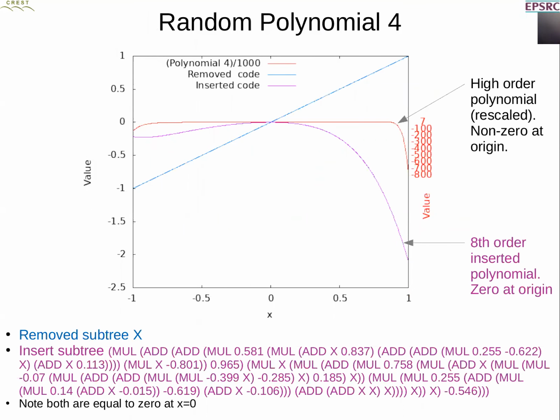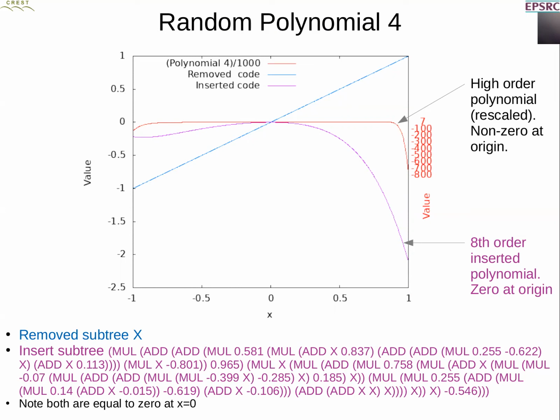So returning to our first example, what we've plotted here is the whole function, which is in red. This has had to be rescaled to get everything on the same plot. So red is the overall functionality of our high order function. The straight blue line is the functionality of the subtree we're about to remove, which is simply linear in X. So it's just that diagonal line, whereas we're going to replace it with the purple line, which is actually an 8th order polynomial.